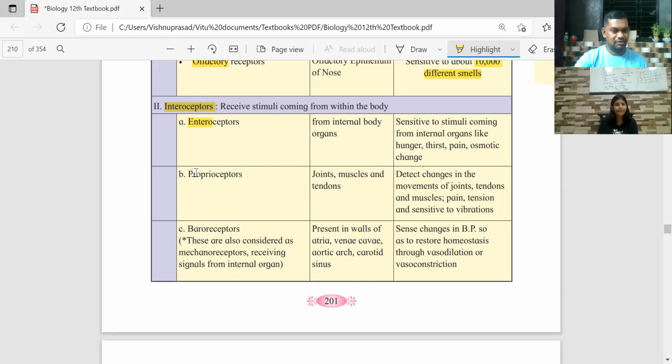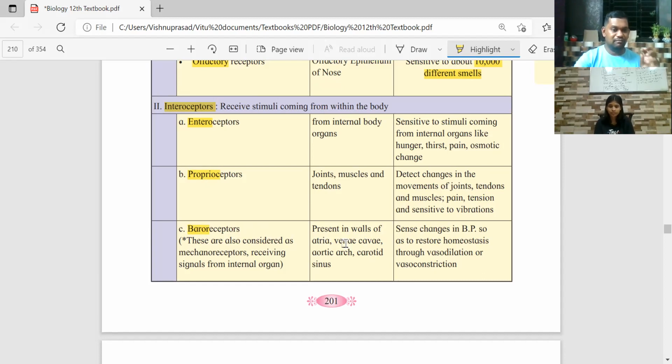Similarly, you have proprioreceptors, in muscles and tendons. This is related to movements of the joints. Tendons and muscles being pulled, vibrations going on, all these are detected by the proprioreceptors. Third is baroreceptors, in the walls of the atria and blood vessels.